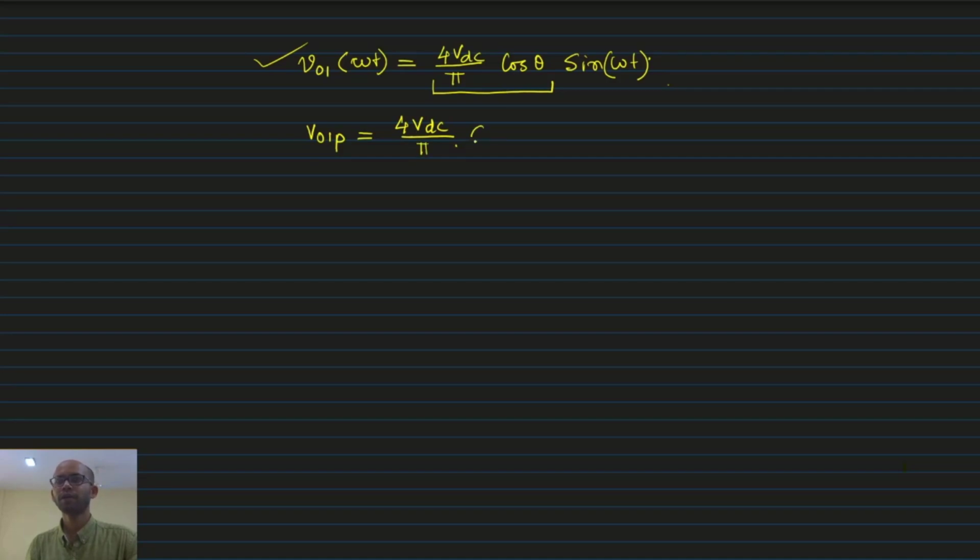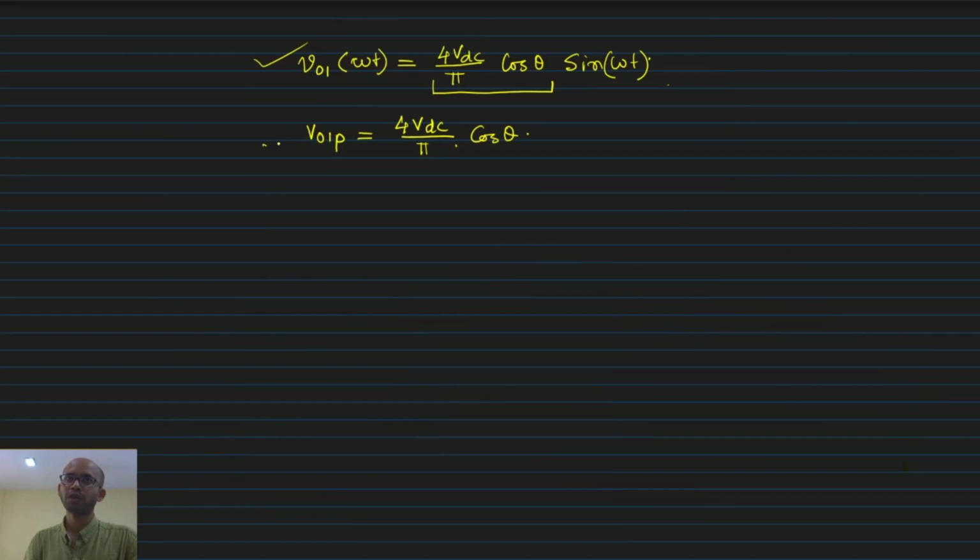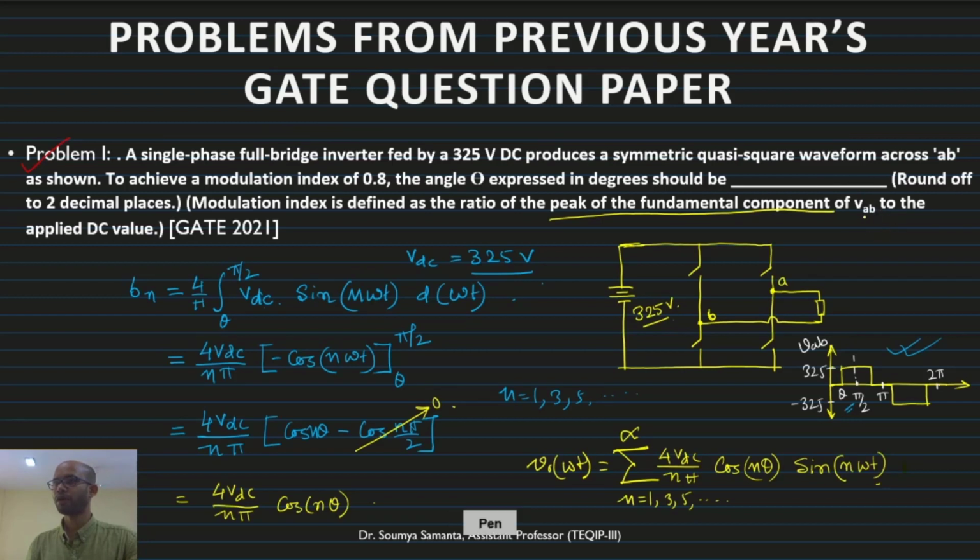Now modulation index is defined as the ratio of the peak of the fundamental component of VAB to the applied DC value. So the applied DC value is VDC.